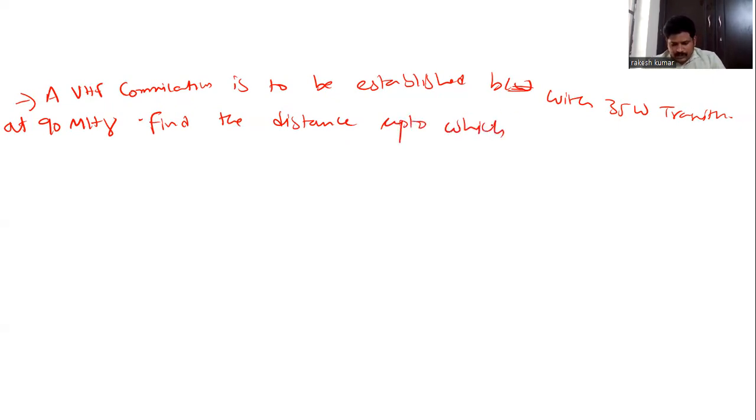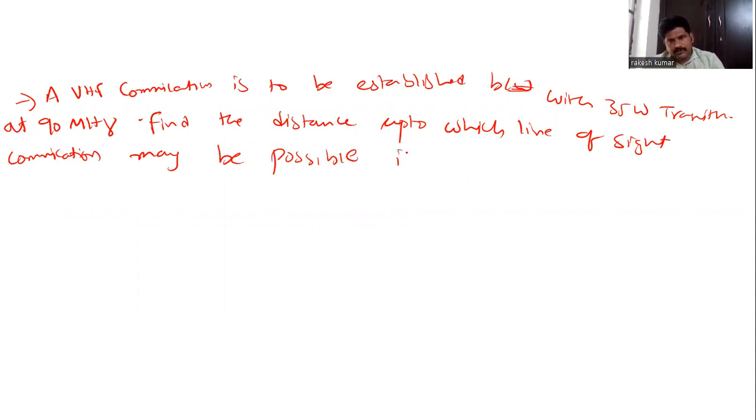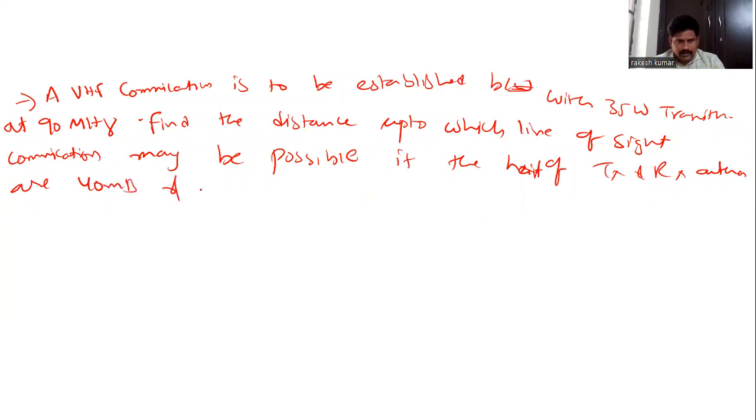up to which the line of sight communication may be possible if the heights of the transmitting and receiving antennas are 40 meters and 25 meters.